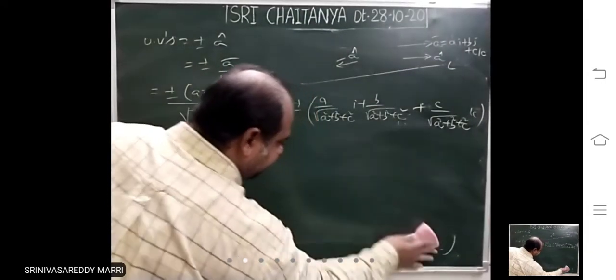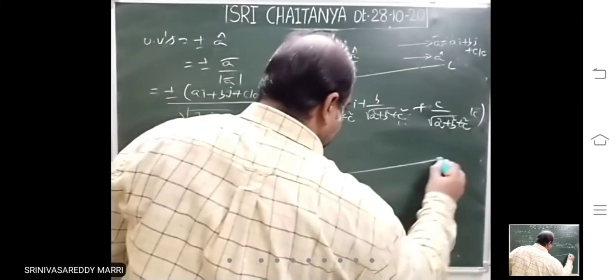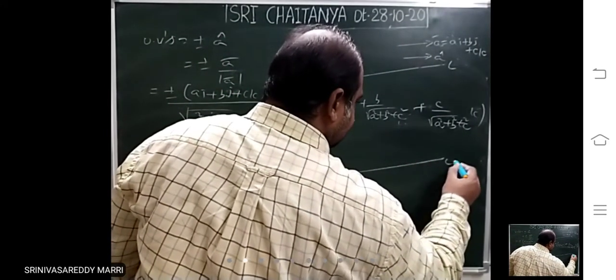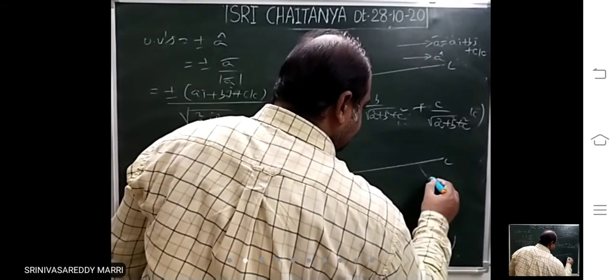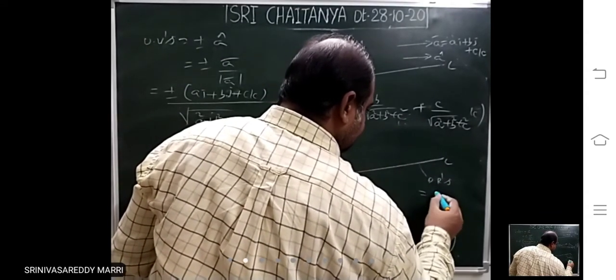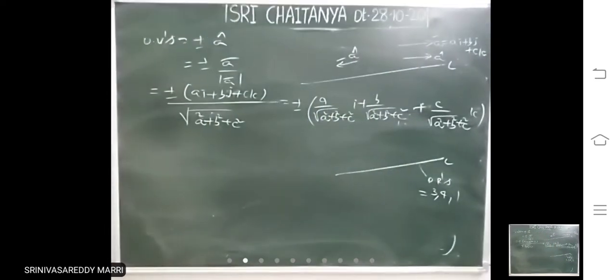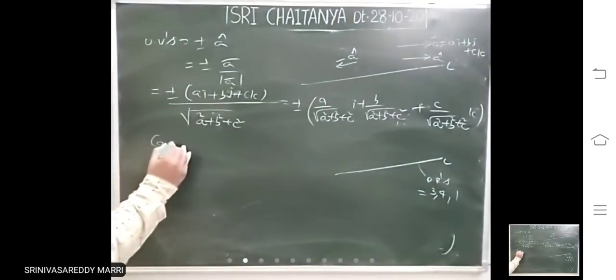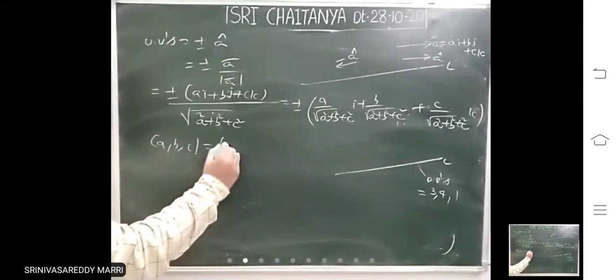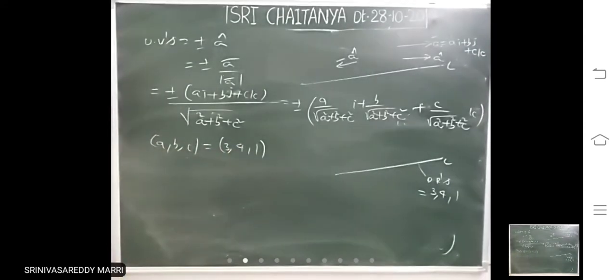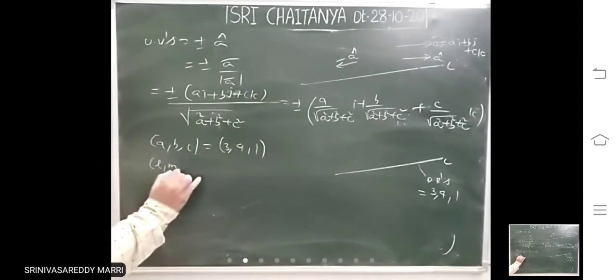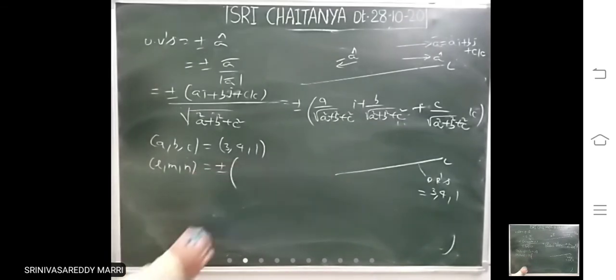Suppose a line is there like this. Look, a line is there like this. So line L, I have given the DRs as 3, 4, 1. I have given DRs, and you have to calculate the DCs. So ABC are given as 3, 4, 1. DRs means just ABC. So for LMN, the formula is plus or minus A divided by root of A square plus B square plus C square.